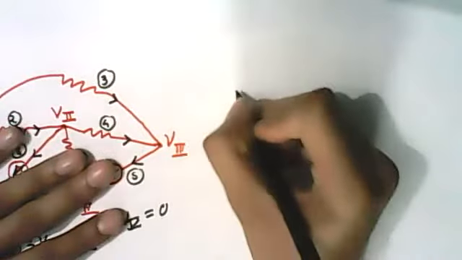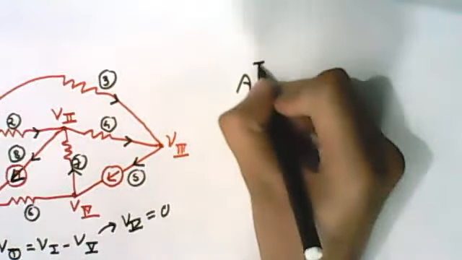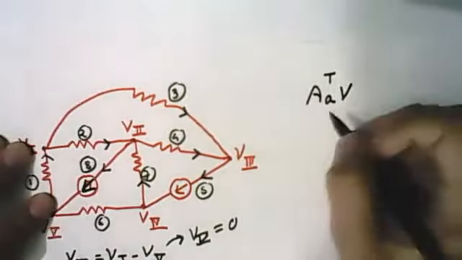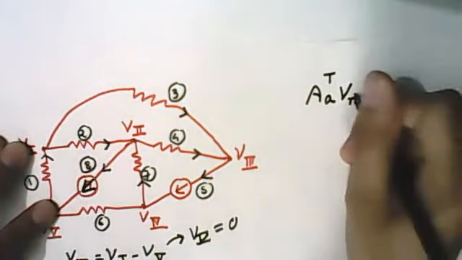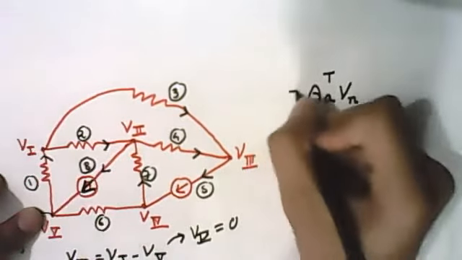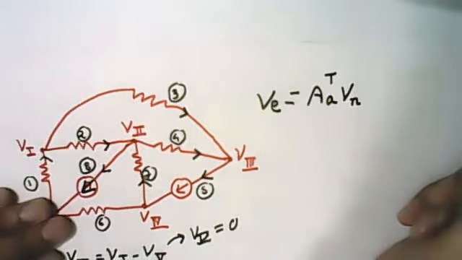So in a way, my incidence matrix A, take its transpose, because right now it was not of this form, right? Take its transpose and multiply it with the vector of node voltages, that is V first, V second, V third, V fourth, V fifth, and you will get element or edge voltages.